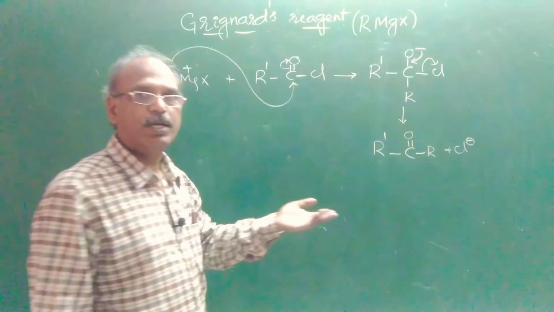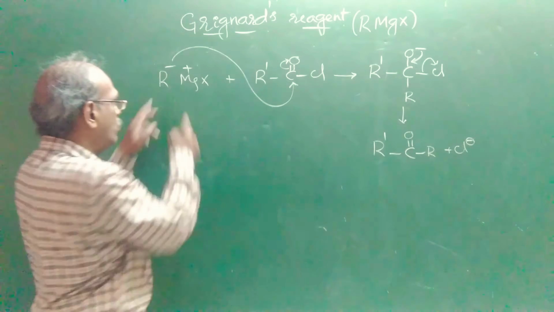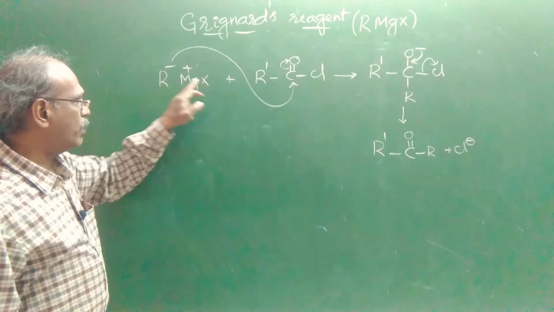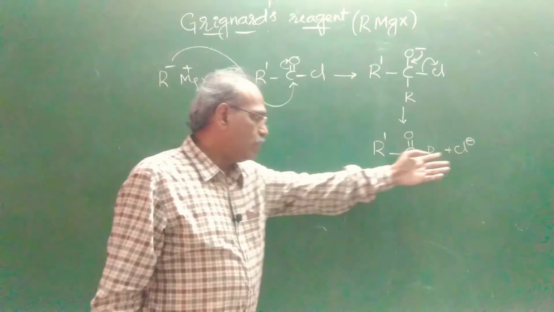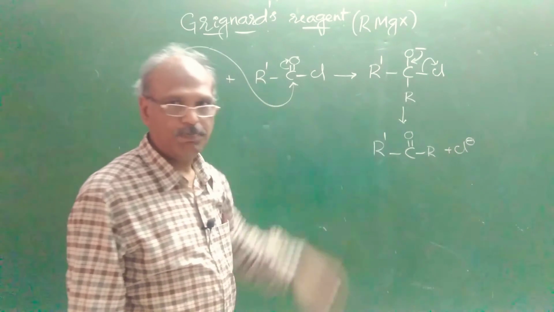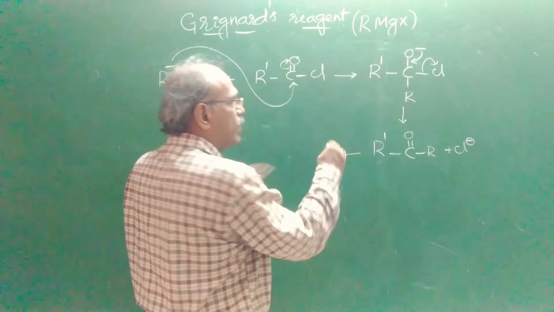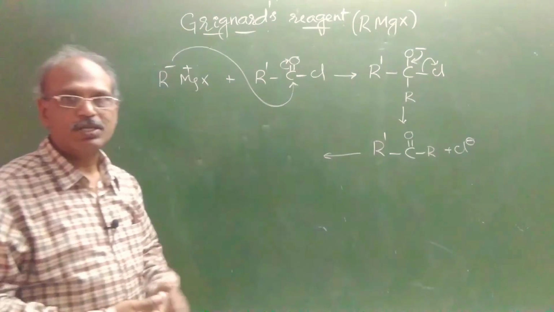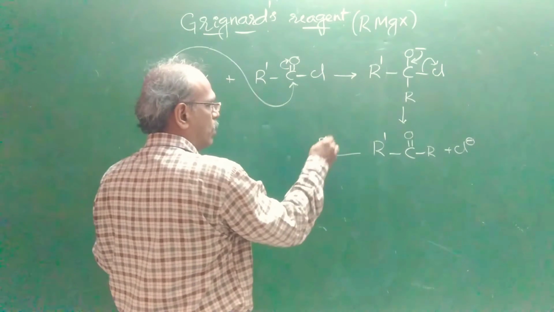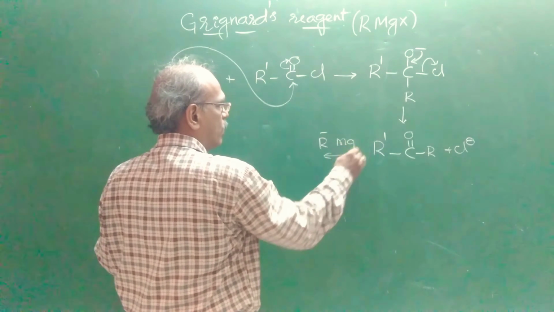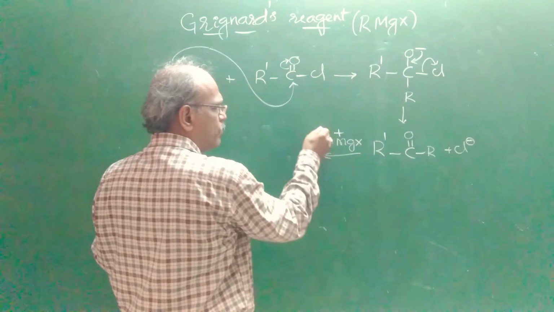Cl minus is not a good nucleophile. Previously in RMgX I asked you, which is a good nucleophile, R minus or X minus? R minus. So here the backward reaction is not possible. If excess Grignard's reagent is available, if some more Grignard's reagent is available, again your carbonyl group is there.